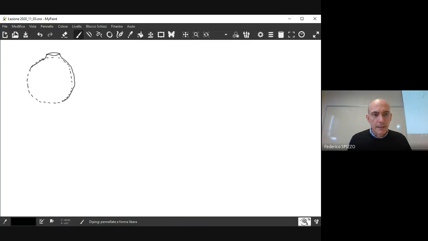Here, for simplicity, I make just a couple of those. So here you have necks. Necks that are due to the interaction between the sphere and the Bragg planes.